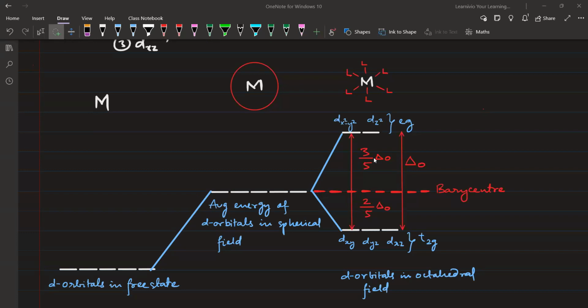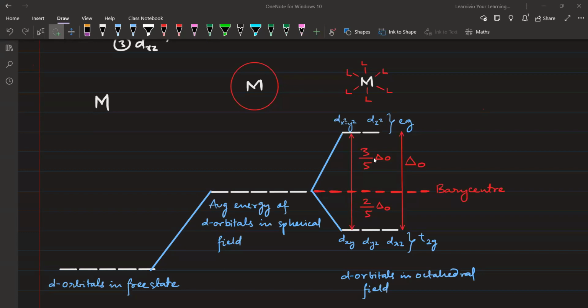Right? Now, whatever happens after that will correspond to that average energy always. And that is why if I add the energies of Eg and T2G, it will again come to the barycenter, right? Because we have two orbitals in the Eg level, that is why it is 3 times above, but we have 3 orbitals in the T2G level, that is why it is 2 times.